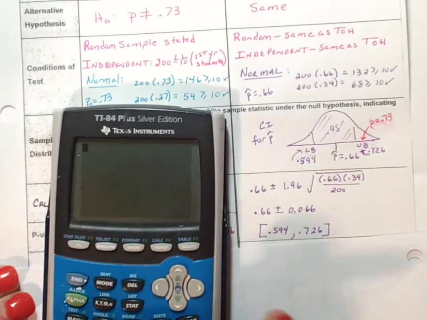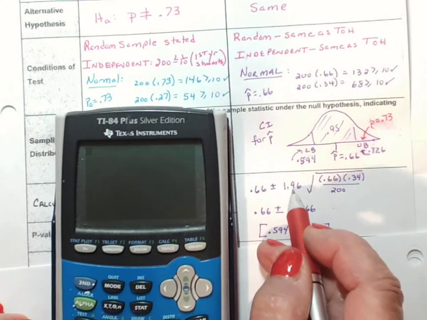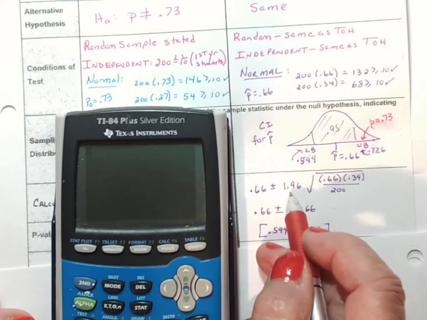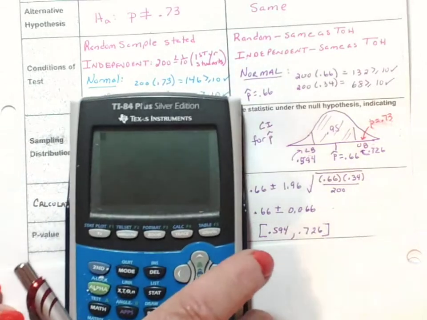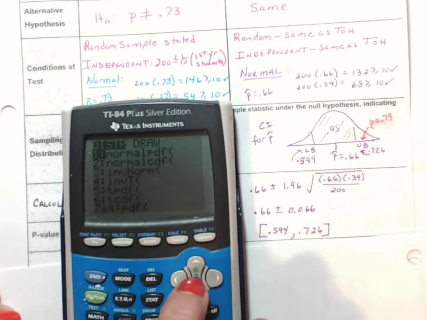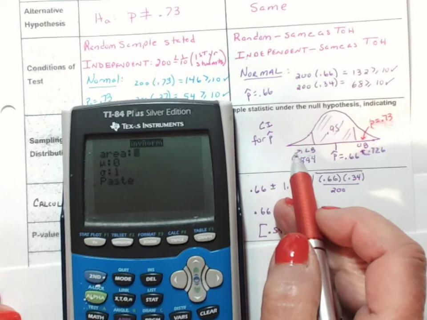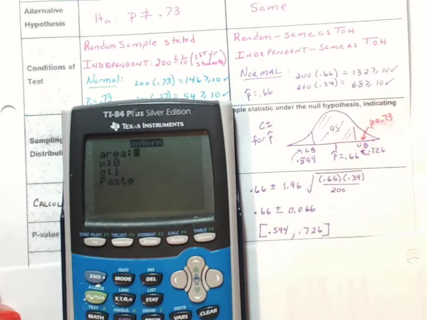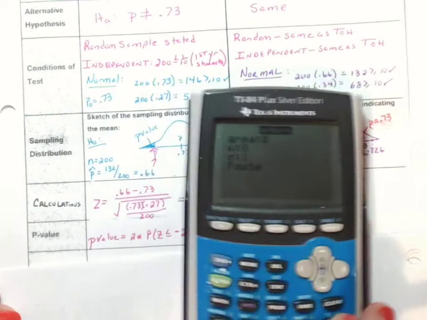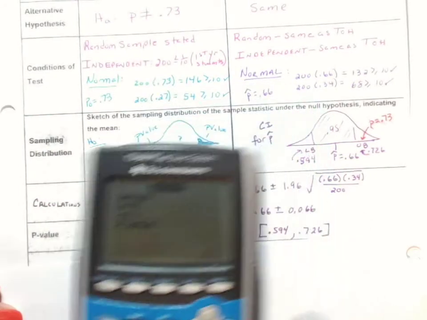Okay. To make sure that you understand how to find the z critical value, right? That's where you use inverse norm. So you're going to go second distribution, inverse norm, and the area comes from the left. Right? So the area comes from the left.